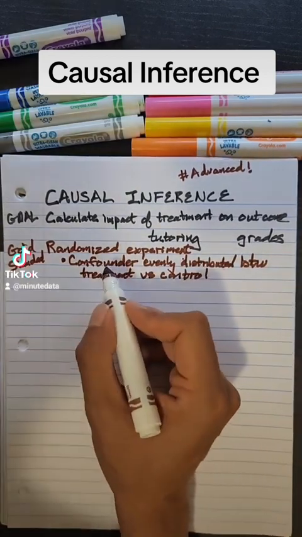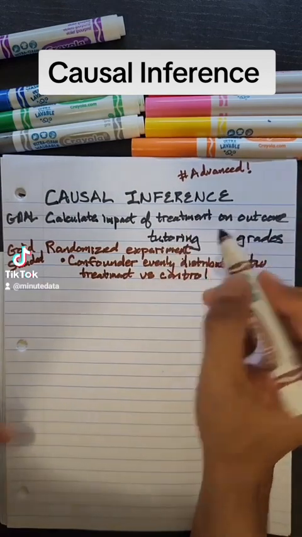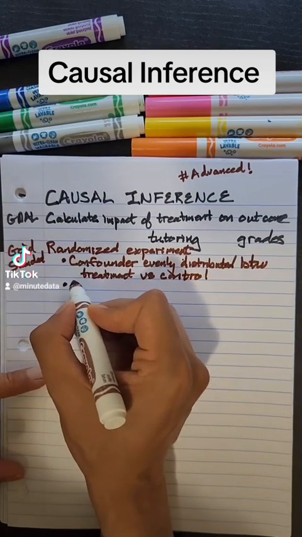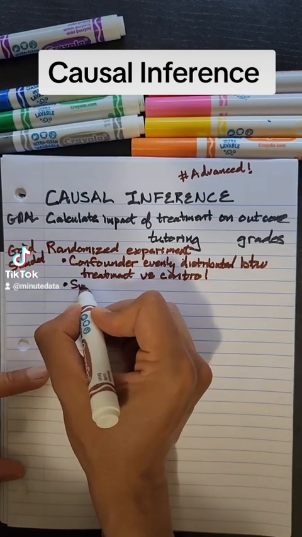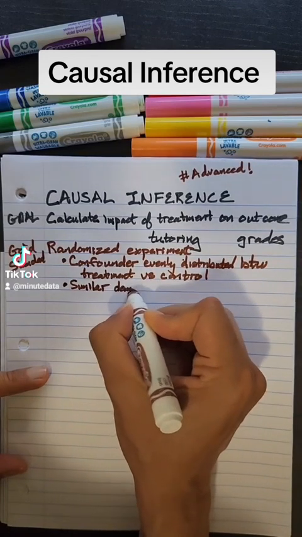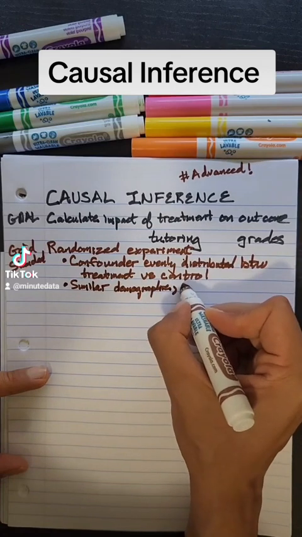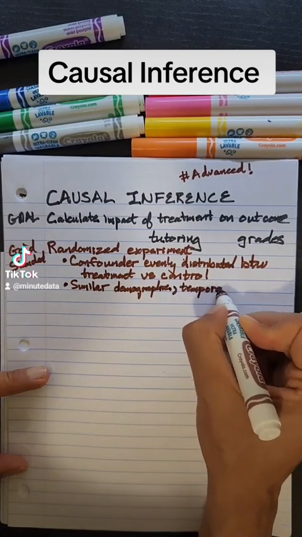Confounders are pretty much anything that's impacting either the outcome variable or the decision to even participate in the treatment. So you're going to have two groups, and because of randomization, they have similar demographics. They're also going to be similar on temporal factors.